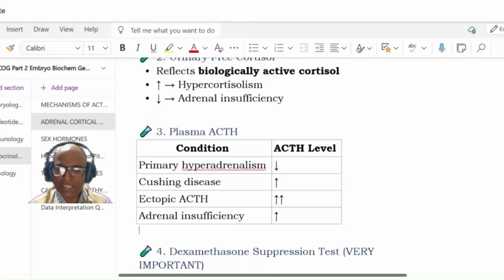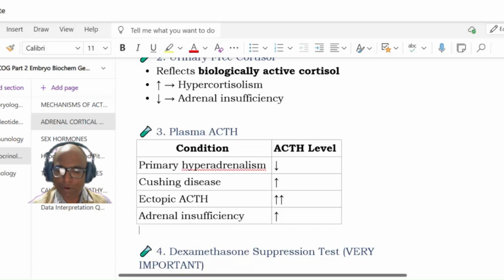Now, plasma ACTH level. What will happen to the plasma ACTH level? If there is a primary hyperadrenalism, the ACTH levels will be reduced, because a higher cortisol level will cause suppression at the pituitary level. So plasma ACTH levels will be reduced. That is suggestive of primary hyperadrenalism. Second, Cushing's disease. Cushing's disease is a pituitary adenoma.